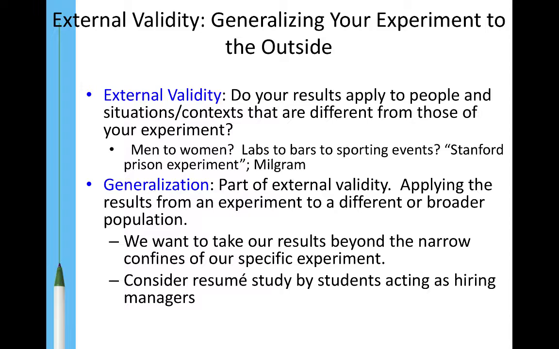And we find out A, B, and C. And then the question is, what we really want to know is about hiring managers in companies. The students are not, generally speaking, hiring managers in companies. So how well do the students in the study generalize to hiring managers in companies? So that's what external validity is about.